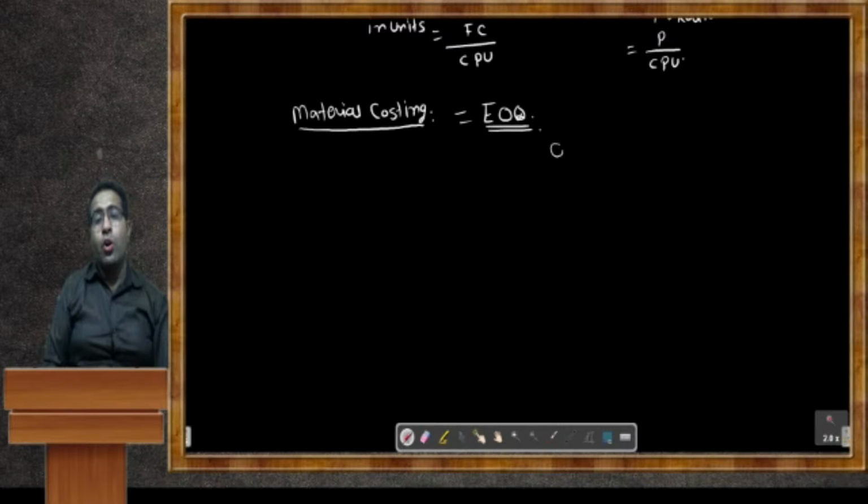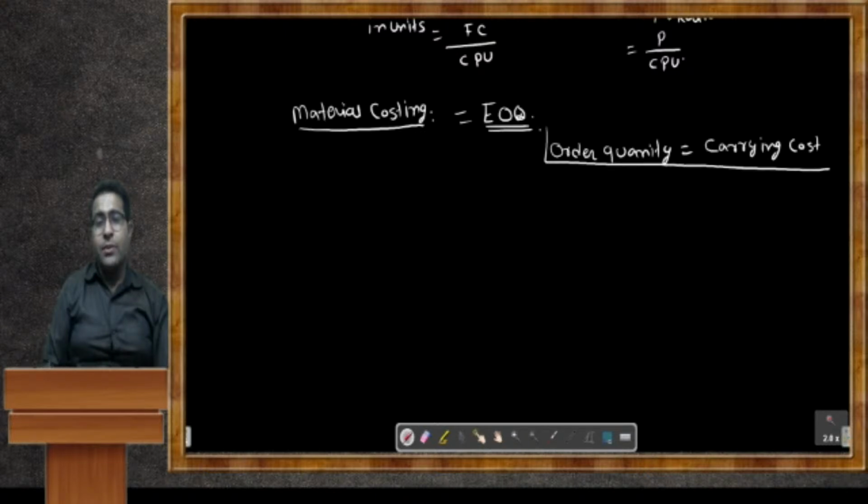When order cost is equal to the carrying cost, at this point the company gives the order to purchase things. How is it calculated?